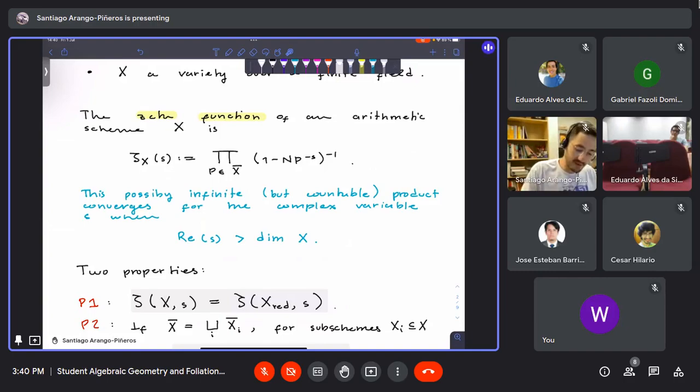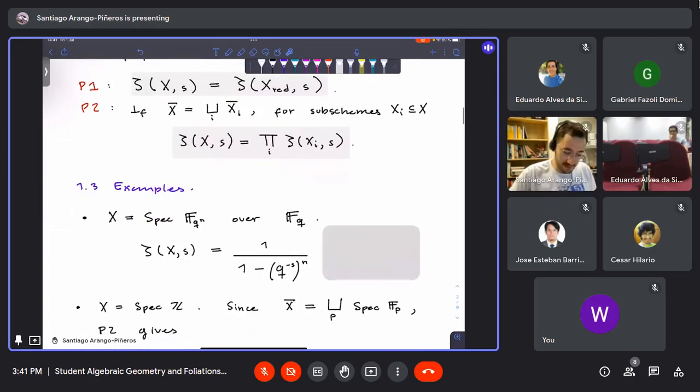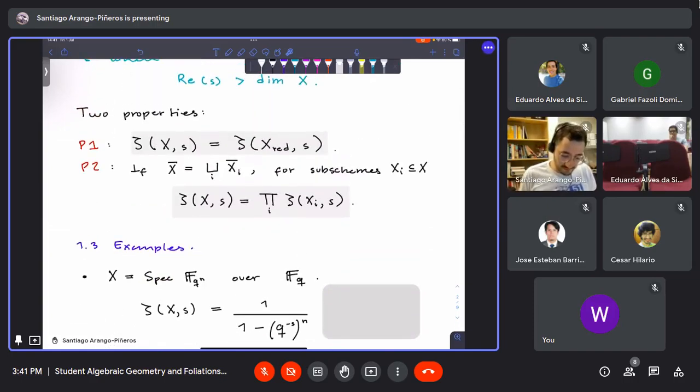Maybe one thing to notice here is that this product, of course, might be infinite. This is already the case when we take X equals Spec Z. But just because X is an arithmetic scheme, this product is always going to be countable, which is maybe not obvious. All right, so let's look at some examples. The easiest possible example, which is going to be important for us today, is when we take just a point.